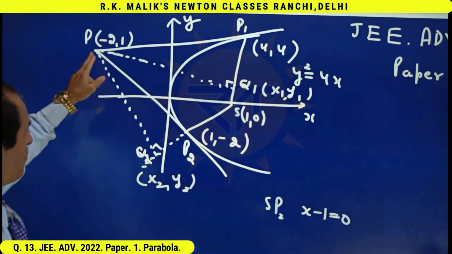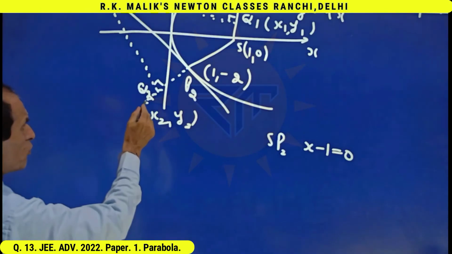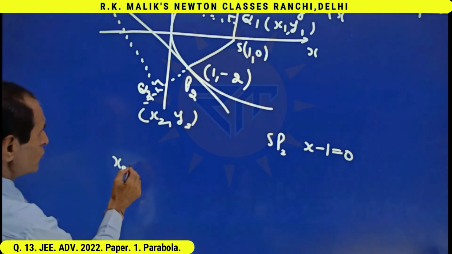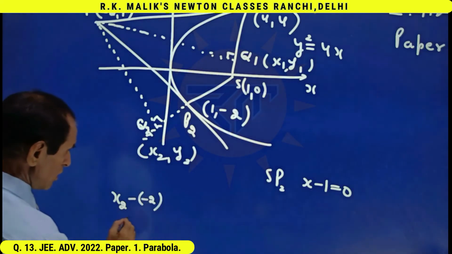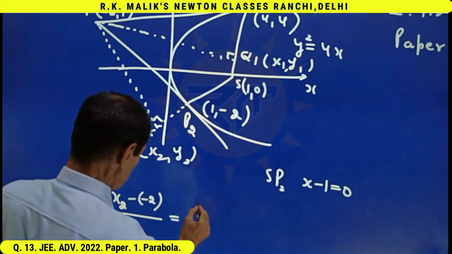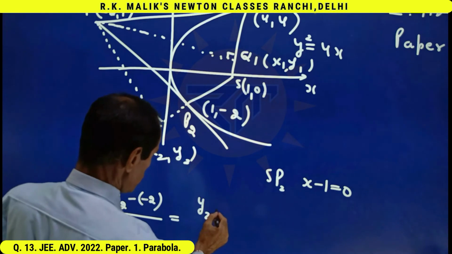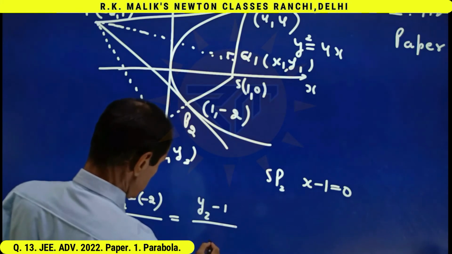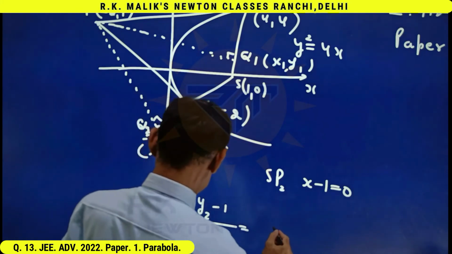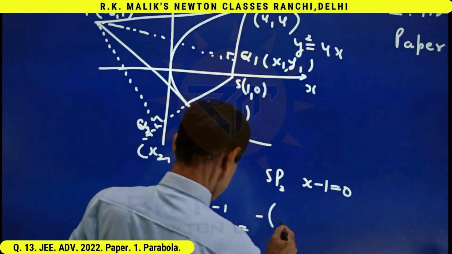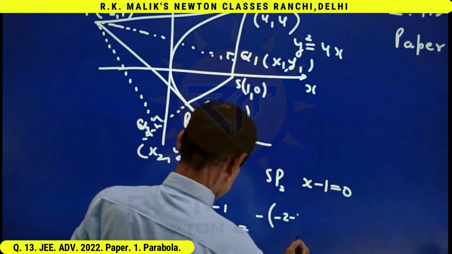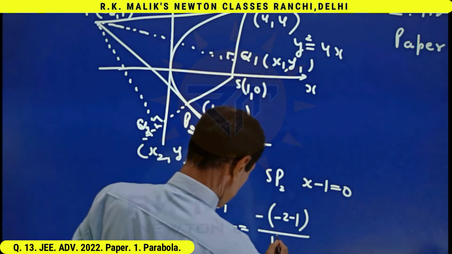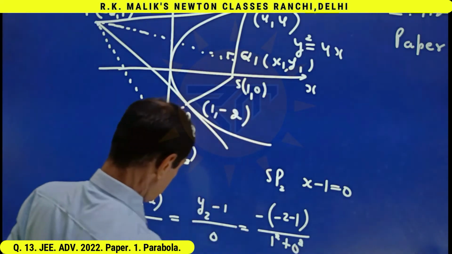Now I draw a perpendicular from the point P to this line, and because the foot of the perpendicular has coordinates (x2, y2), I will say (x2 minus (-2))/1 = (y2 minus 1)/0 = -(-2 minus 1)/(1 square plus 0 square).